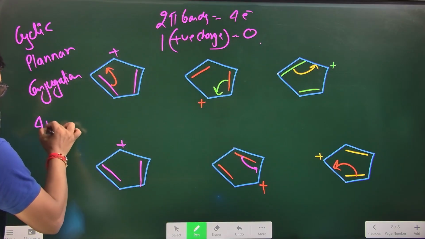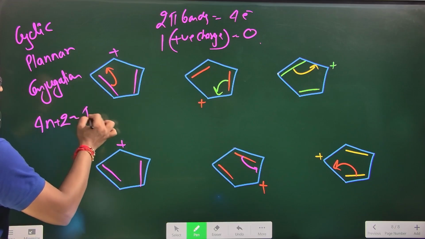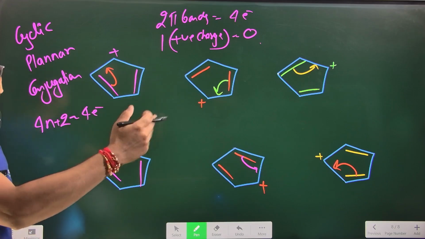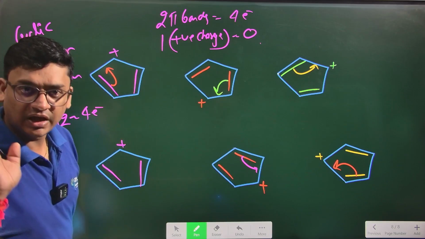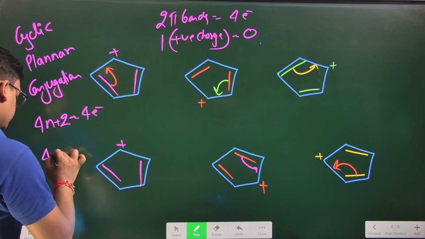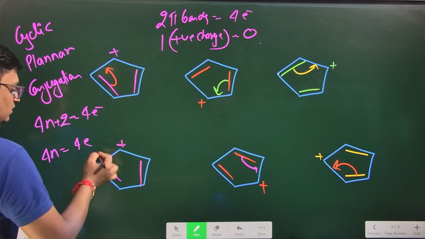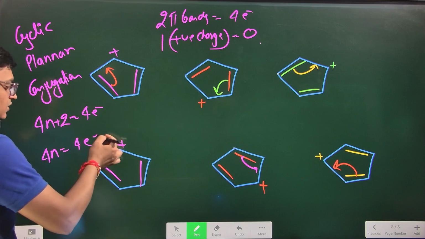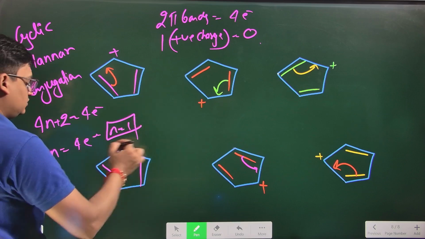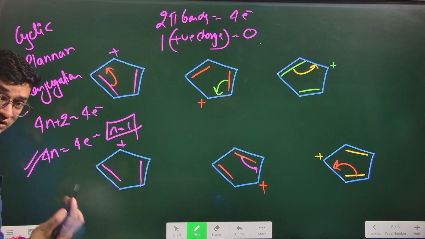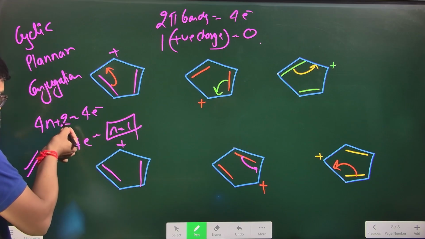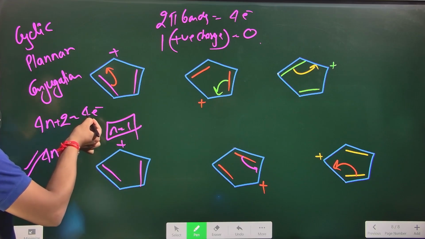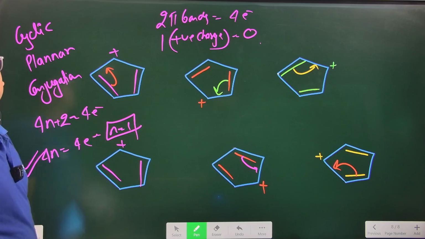Now if 4n plus 2 equals 4 electrons, with n being 0, 1, 2, 3, 4 and so on, it would be an aromatic structure. And if it follows 4n equals 4 electrons, then n is equal to 1. So yes, it follows the anti-aromatic rule. For 4n plus 2, 4 minus 2 gives 2, and 4n equals 2 gives n equal to 2 by 4, that is 1 by 2.